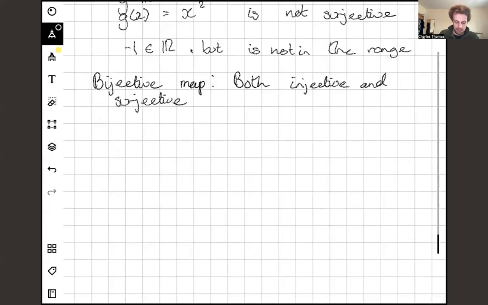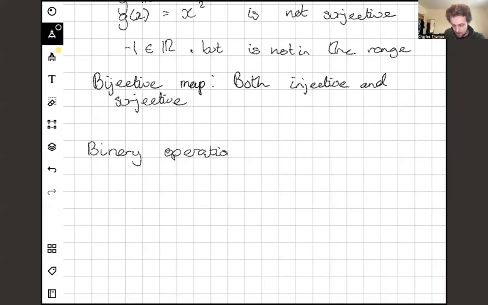Now, the final thing I want to talk about is this idea that we can have functions that take multiple inputs. Specifically, I want to look at functions that take 2 inputs. So let's say I have 3 sets. A is 1, 2, 3, B is 4, 5, 6, and call C, 7, 8, 9.